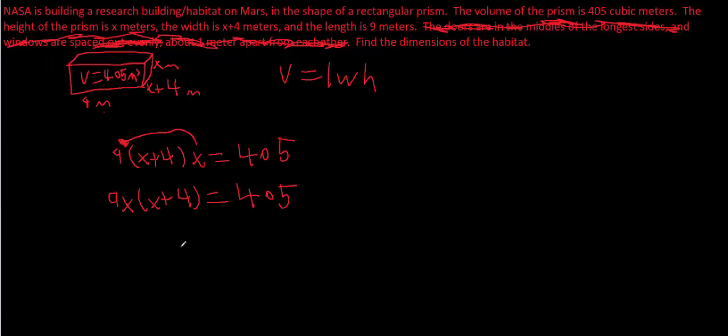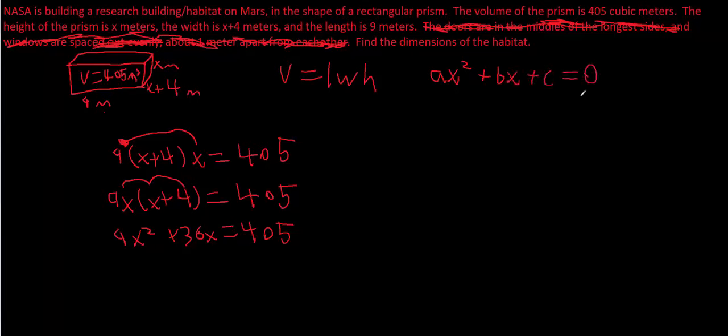Then if you distribute the 9x into the x and the 4, you would get 9x squared plus 36x equals 405. This is starting to look more like the quadratic formula because it has the squared there and everything. However, if you remember the form, ax squared plus bx plus c equals 0, then there has to be that 0 there. So we would subtract 405 from each side.